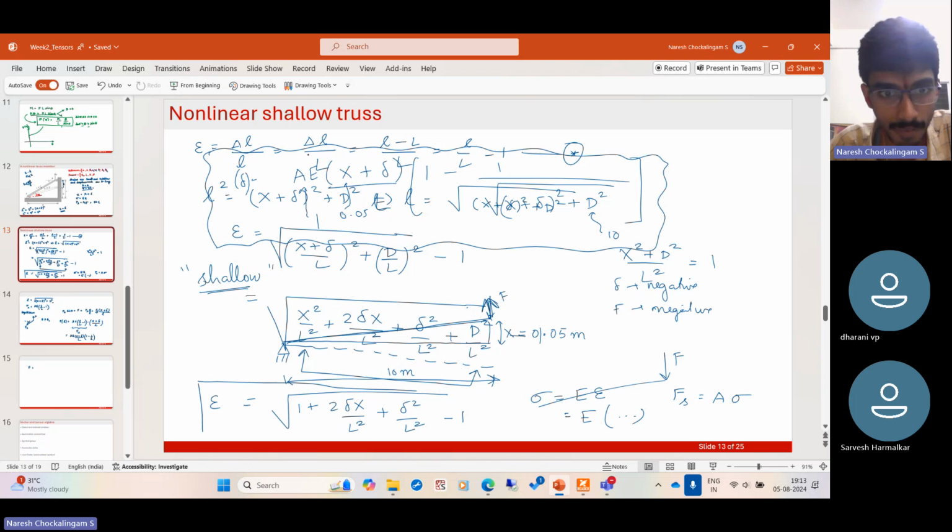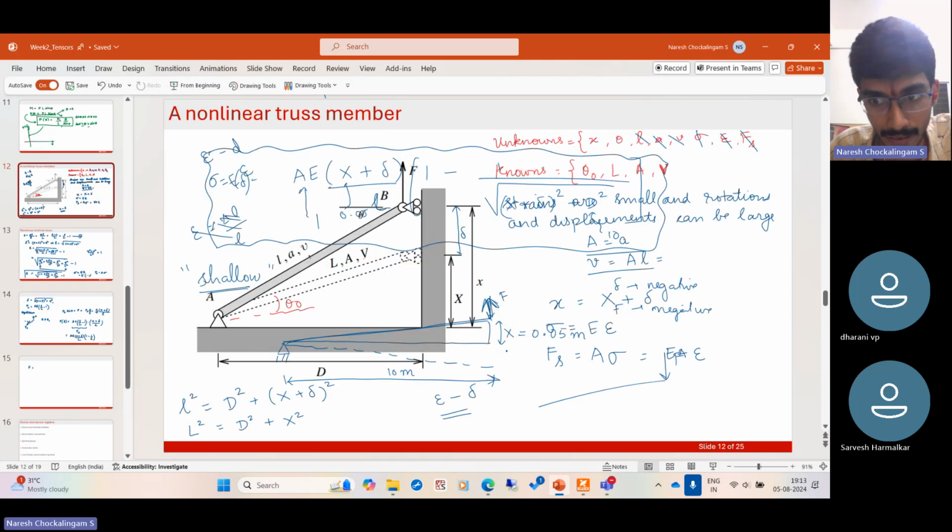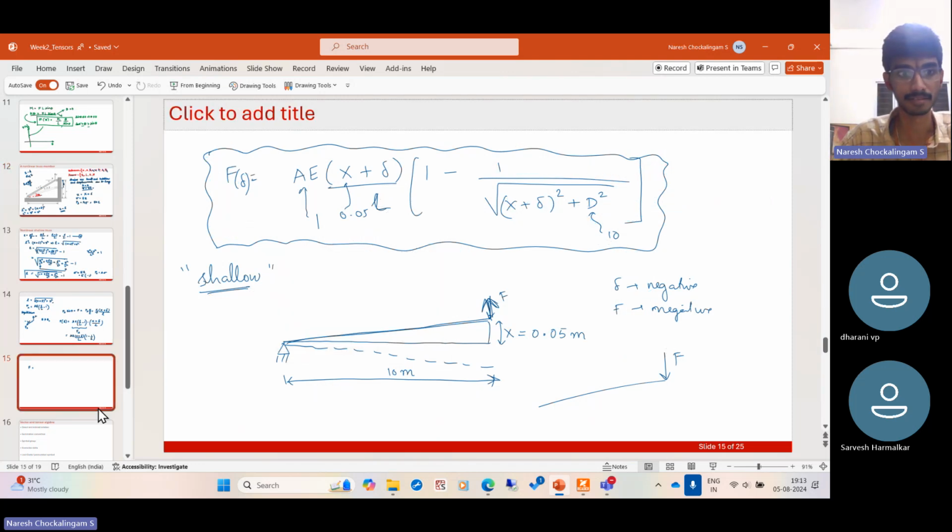You know why this problem happens in part one. So delta is AE x plus delta by small l into one previous step. Let me write it afresh. That's it.